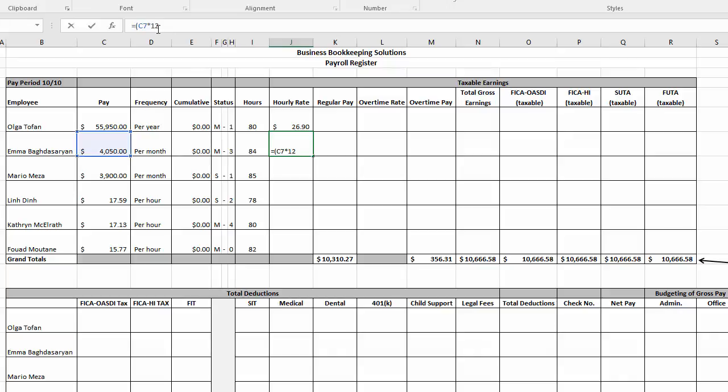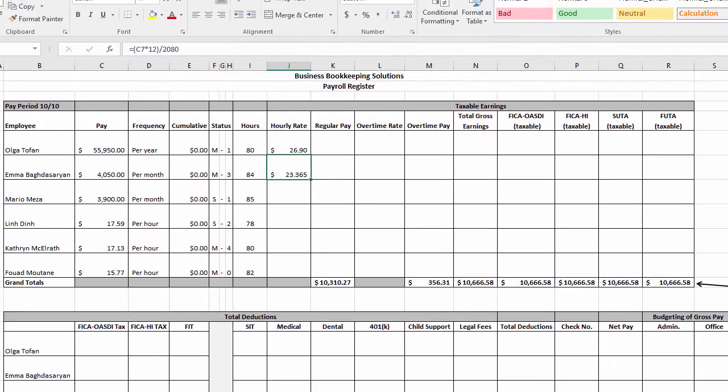So now I want to do that calculation first, so I put that in parentheses. And then we can divide by 2080 hours in a year. That gives us 23.37. Let's increase our decimal. And notice there's a fraction of a cent, so we're going to have to round this. When I say I increase the decimal, I use this thing up here.